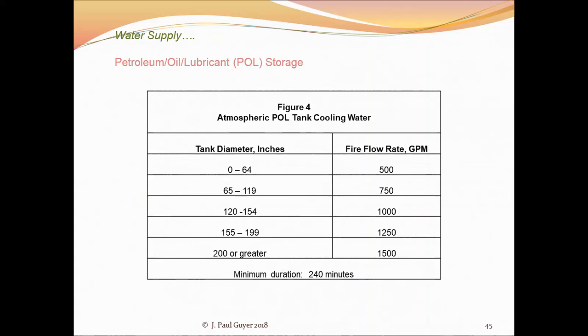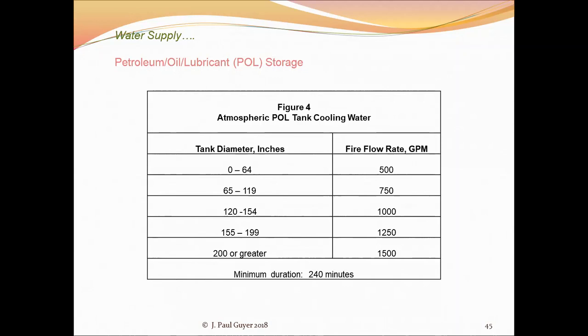That's just what has worked. And the duration that is required for that flow rate is 240 minutes. So 500 times 240 minutes, that's 120,000 gallons of water is required, and so on through the table.